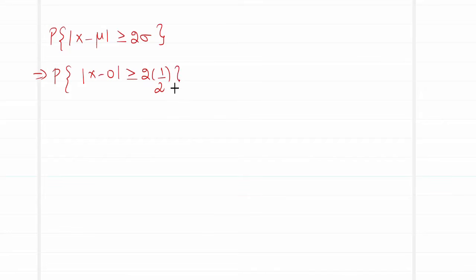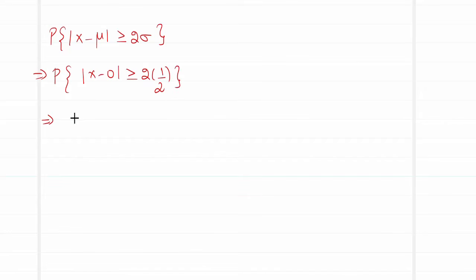The required quantity is probability of modulus of X minus mu greater than or equal to 2 sigma. And this will now give me probability of X minus 0 greater than or equal to 2 times sigma, which is 1 by 2.